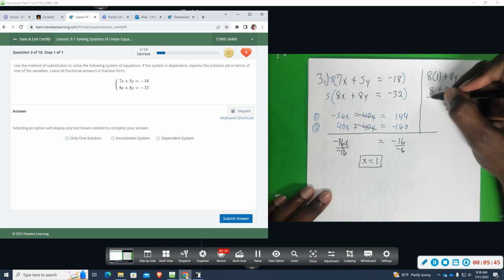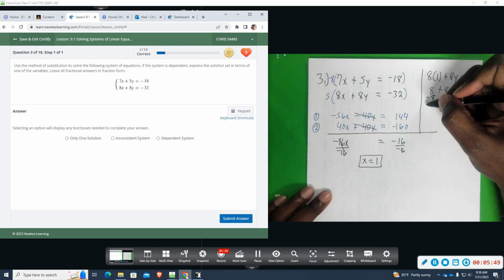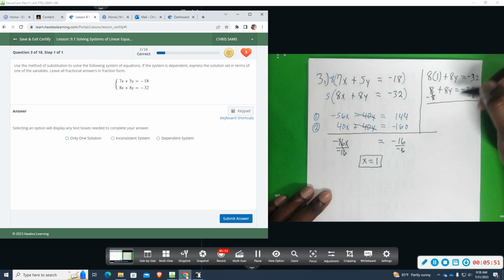We're going to subtract 8 to get the y by itself. Bring down the 8y. That equals negative 40. Divide by 8. And that gives us y equals negative 5.